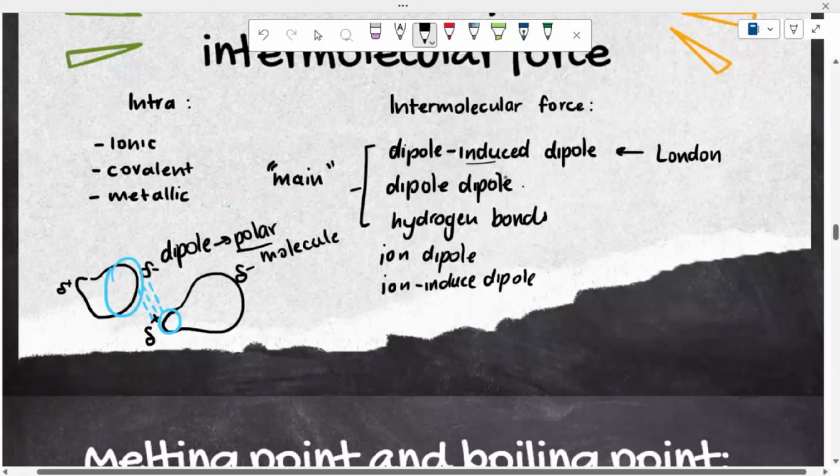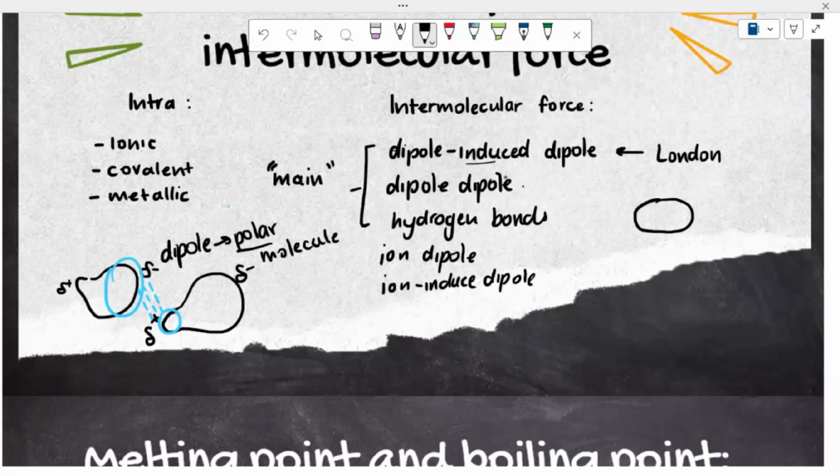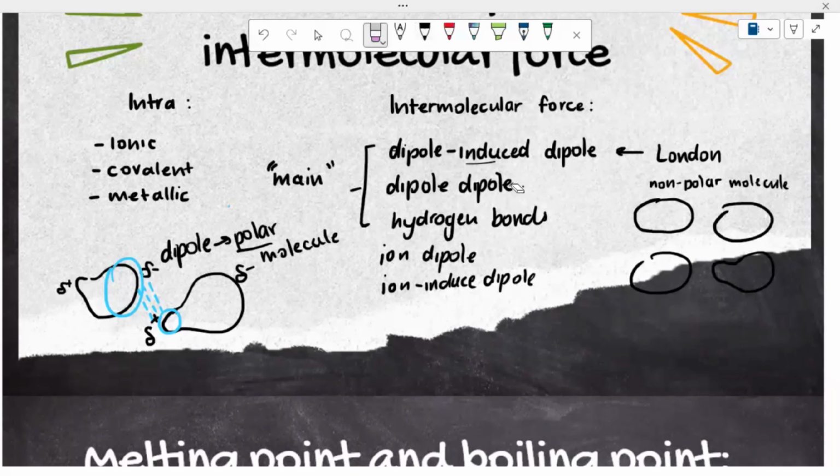Very similar, but what happens is you'll actually have this non-polar molecule. So you'll typically have all of these non-polar molecules next to each other, or sometimes you would have a dipole present. Let me draw here.